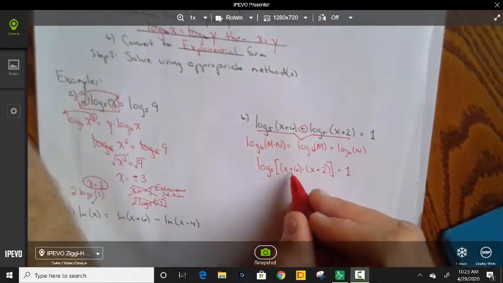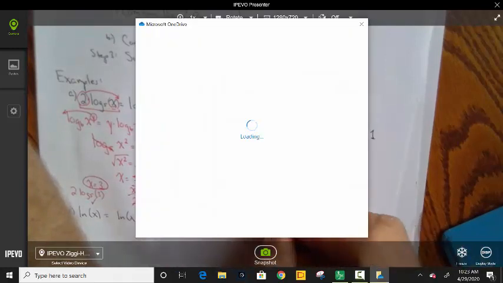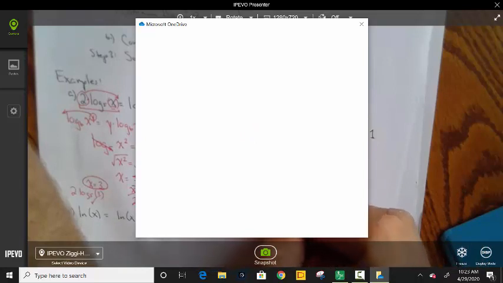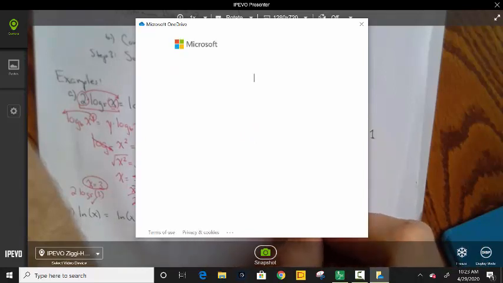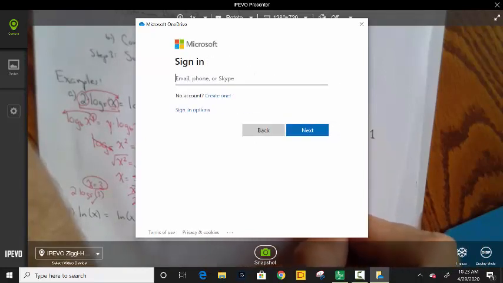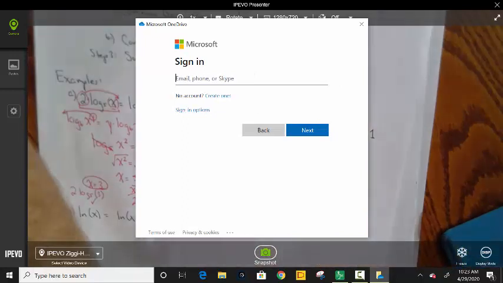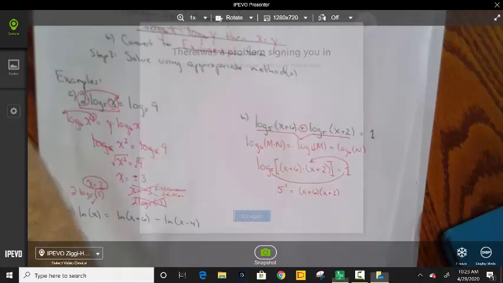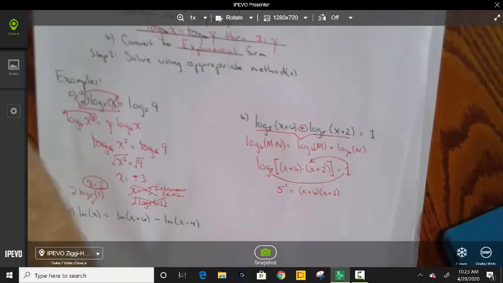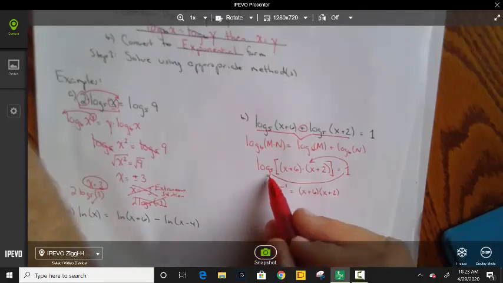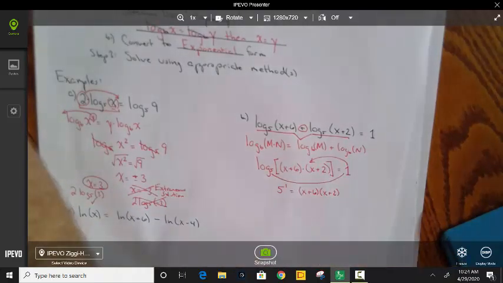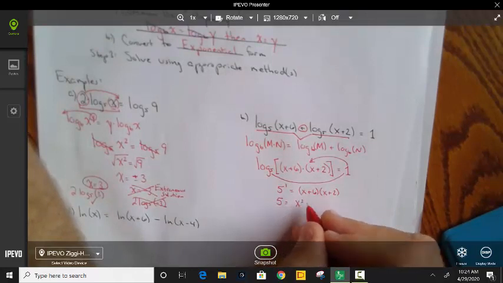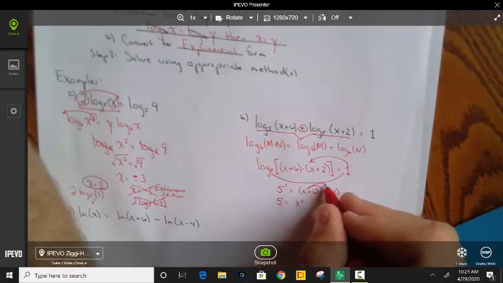Log base 5 of x plus 6 times x plus 2 equaling 1 would convert back to exponential form as 5 to the first equals x plus 6 times x plus 2. Sorry guys. So this would convert back to 5 to the first power equals x plus 6 times x plus 2.